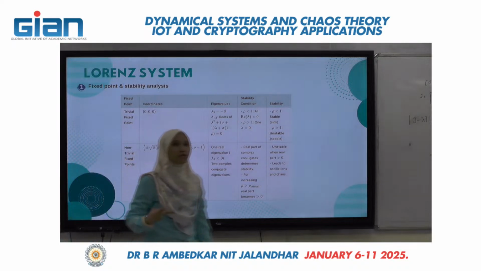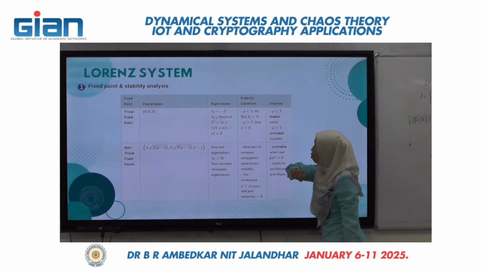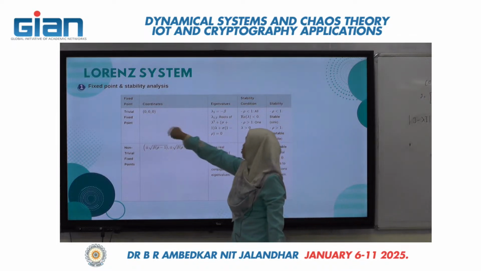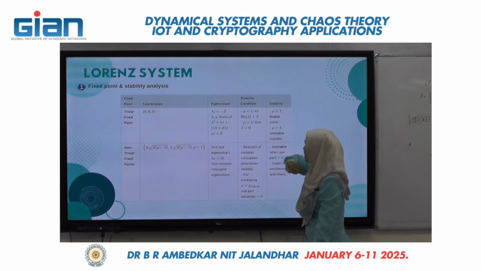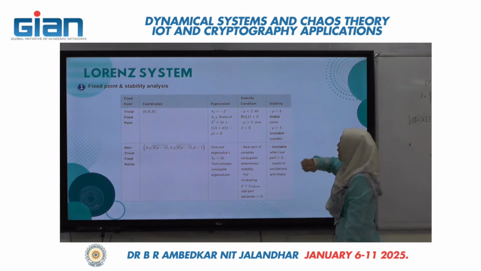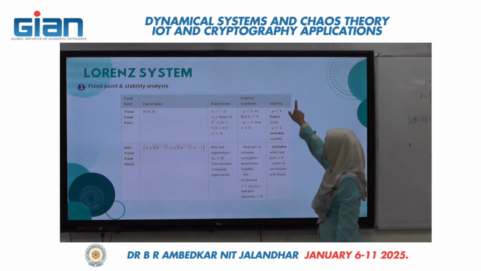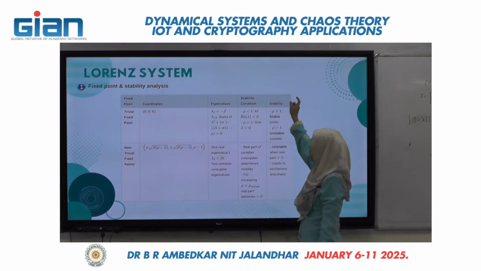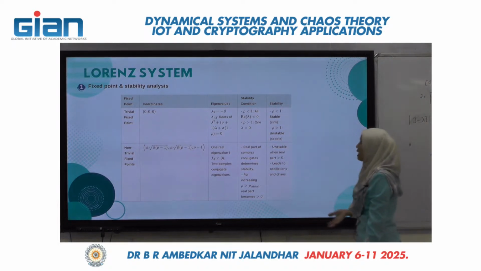So we have two types of fixed point, one trivial, one non-trivial. So the trivial would be 0, 0, 0. We have 3 eigenvalues. Okay, and we need to talk about the stability condition. If rho is less than 1, we will have all the eigenvalues with real part less than 0.